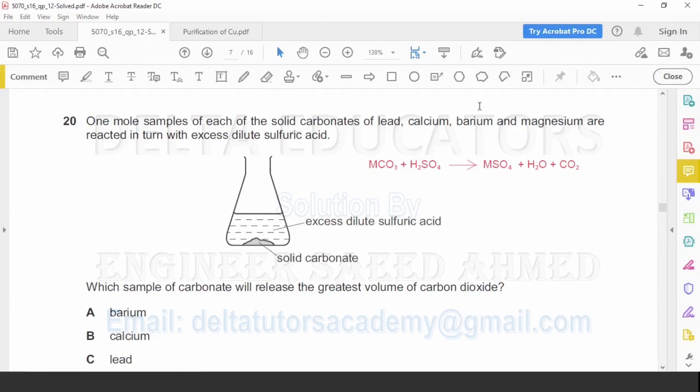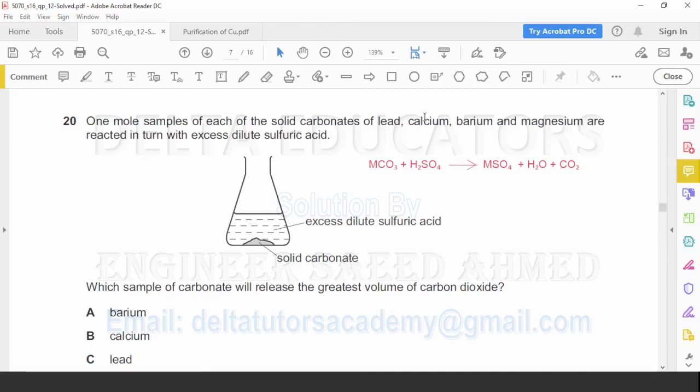All are metals. So here we are reacting a metal carbonate with sulfuric acid. When we react a metal carbonate with sulfuric acid, we get metal sulfate, water and carbon dioxide. This M represents metal. This M may be lead, calcium, barium or magnesium.